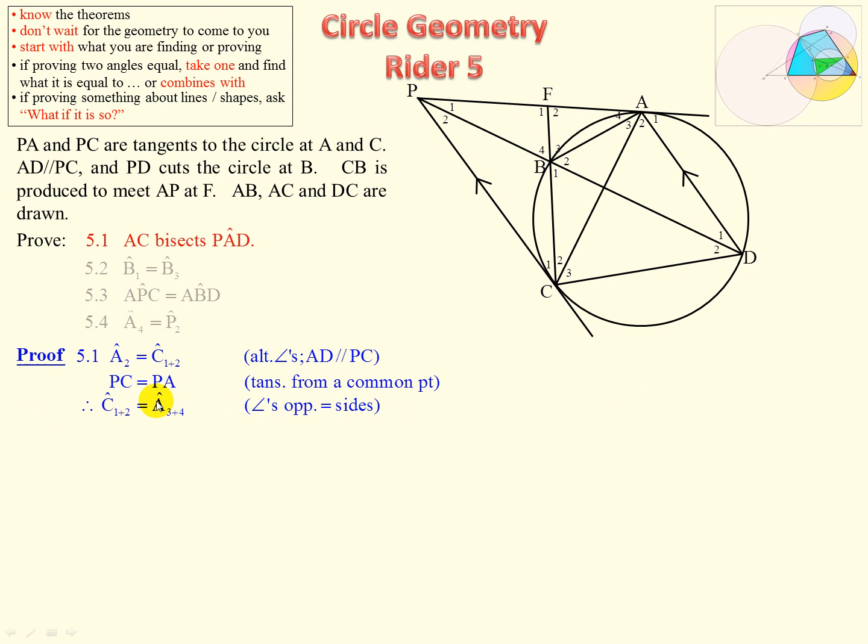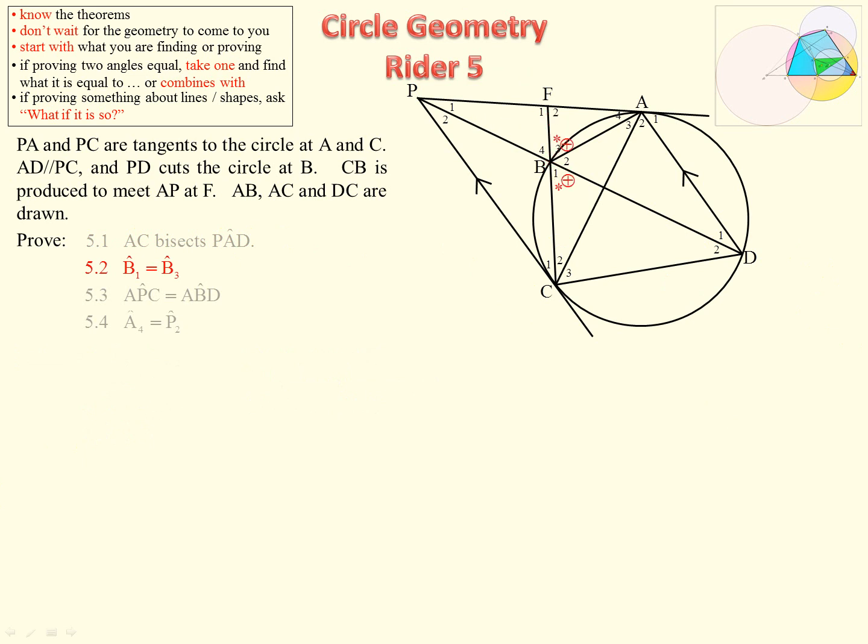I'm putting this in first because the theorem, tangents from a common point, says the lines are equal, not the angles. So let's put that first, and then we can use that being an isosceles triangle. And therefore we have A3 and 4 equal to A2. I don't have to write therefore AC bisects PAD. I've said it in a slightly different way, that's all.